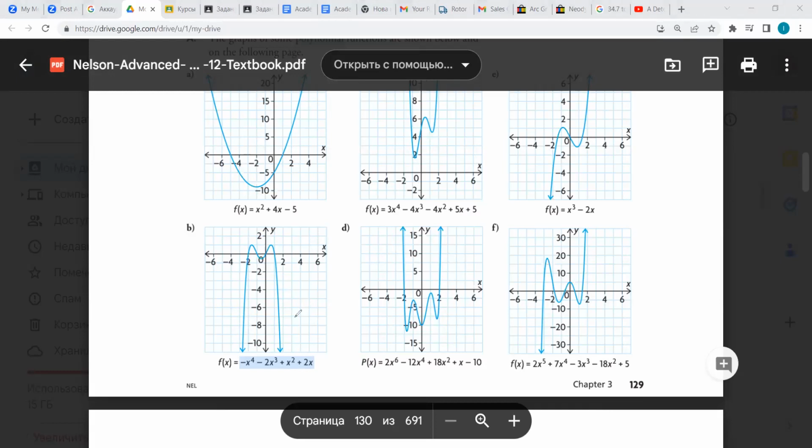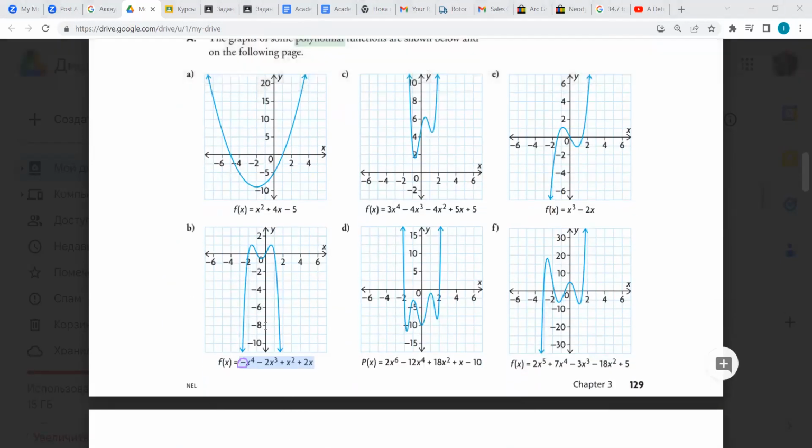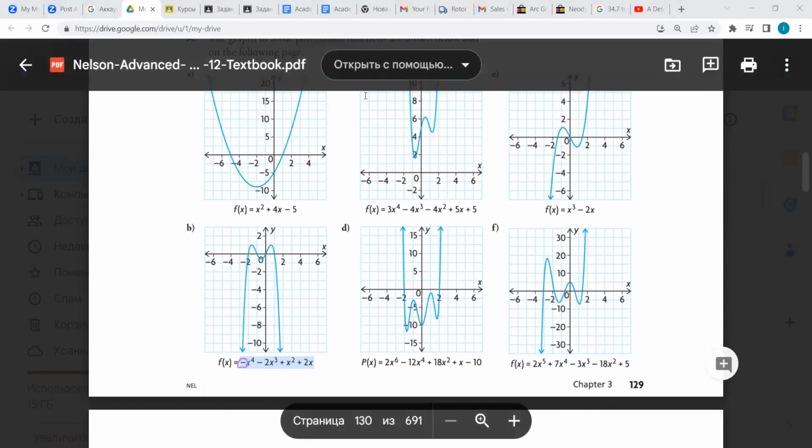Please note down one more important thing. The leading coefficient of example B is -1. This is the multiple in front of the independent variable of the greatest power.